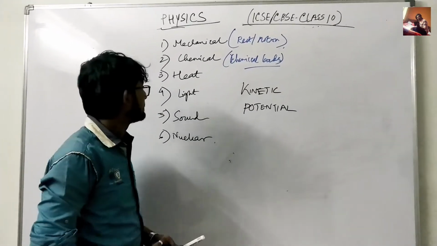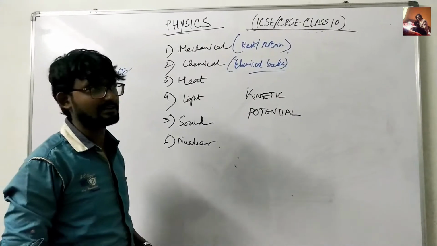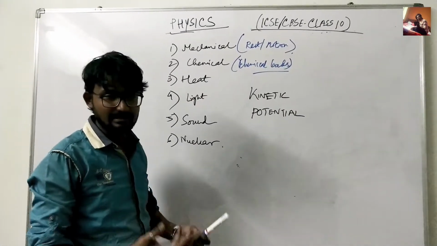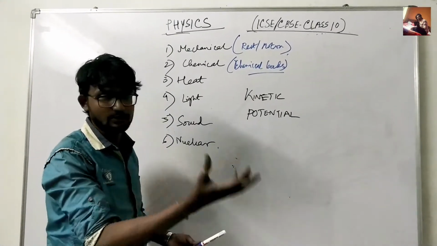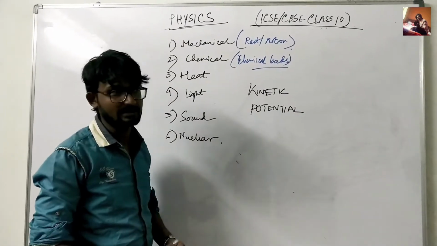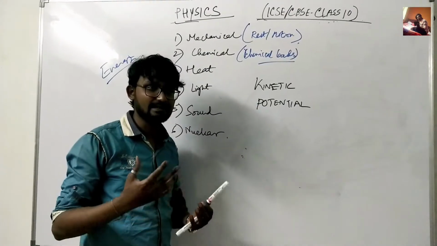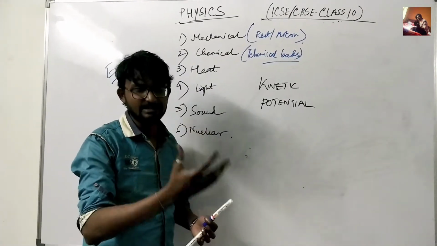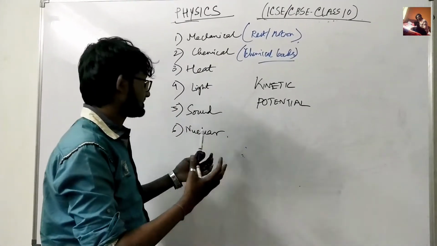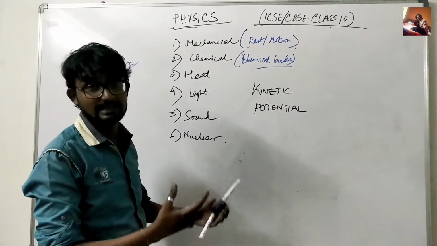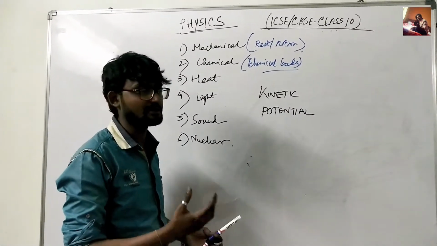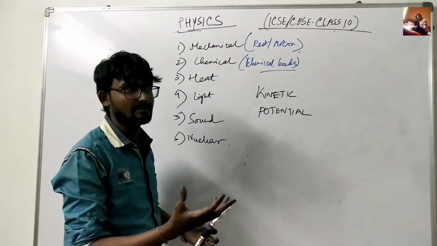Light is energy for visual effect, the energy produced so you can see an object in front of you. Sound is again an energy that helps you hear. Light and sound are related: sound helps you hear what you are seeing.